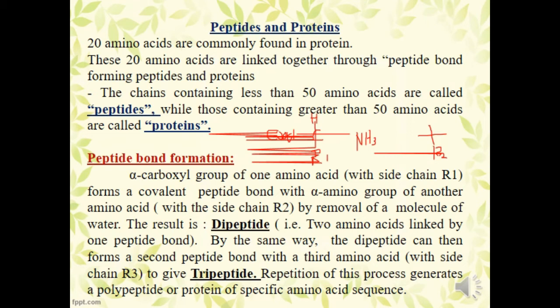This dipeptide can form a second peptide bond with a third amino acid, R3. This will give you a tripeptide, and this will be repeated to give you a peptide if the amino acids joined together are less than 50, and if it's more than 50, we call them protein.